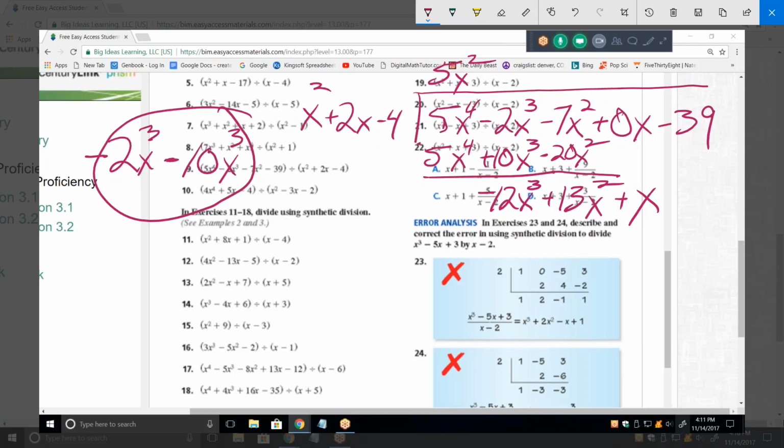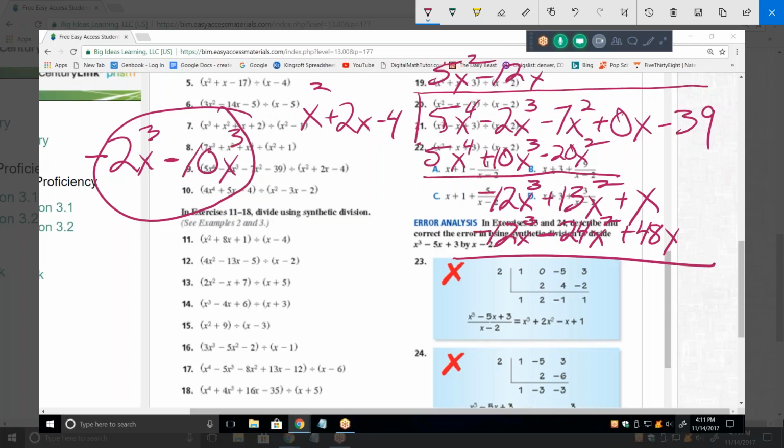Next thing. So it's just minus 12x. Multiply. So minus 12x to the third, plus, or minus 24x squared, plus 12 times 4 is 48x.